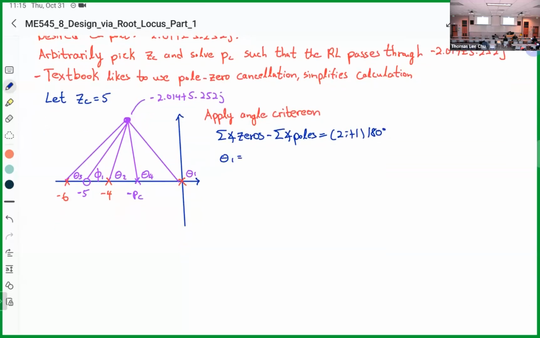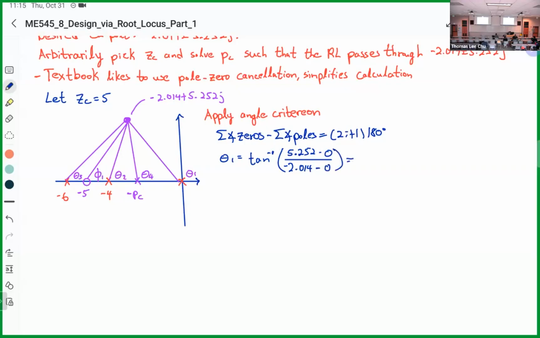Theta 1 is going to be equal to the evaluated point, which is 5.25, minus the height, minus 2.014 minus the pole location.